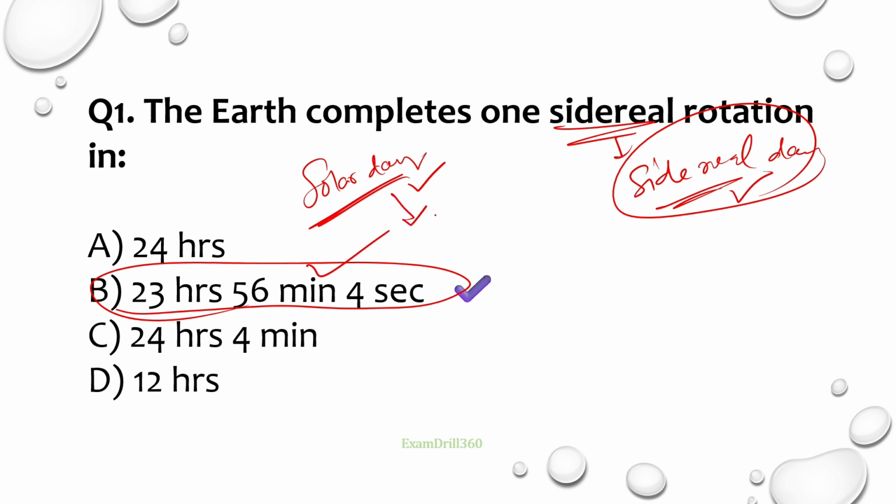And the solar day is 24 hours, the time it takes for Earth to rotate once relative to the Sun. Clear? And this solar day is about 4 minutes longer than a sidereal day because the Earth is also moving in its orbit around the Sun. Clear, we got how the solar day is 4 minutes more than the sidereal day.